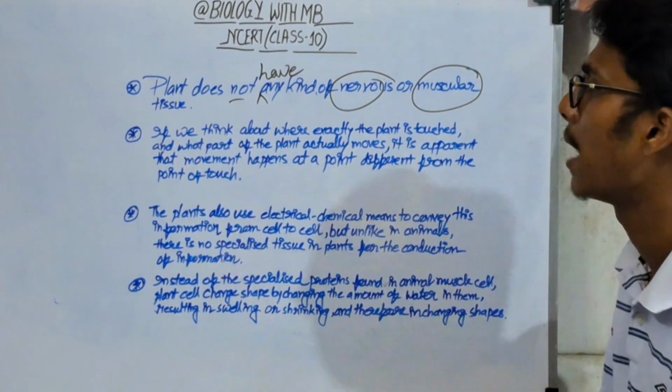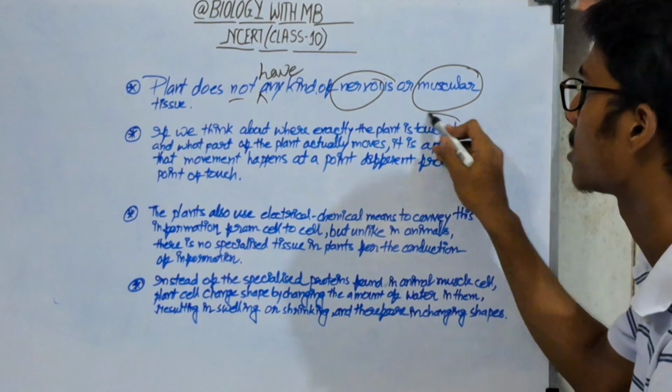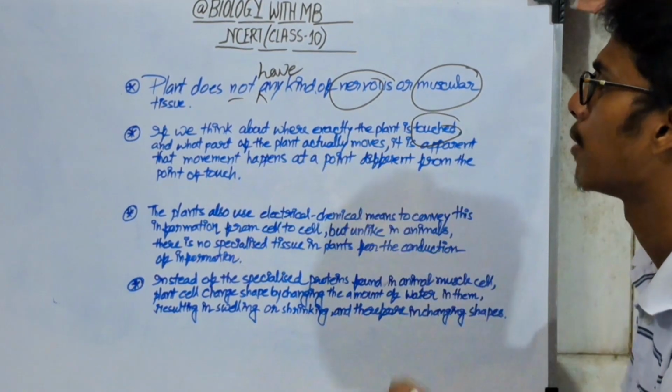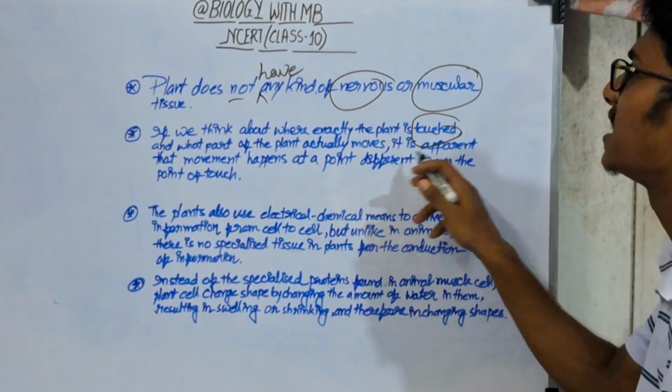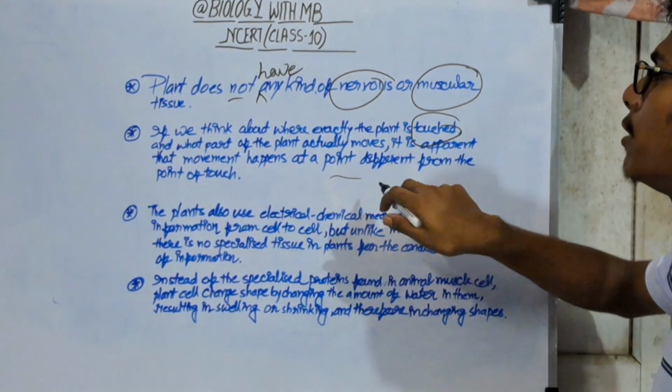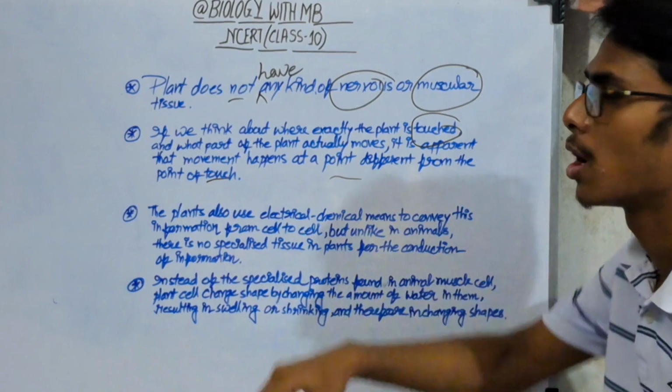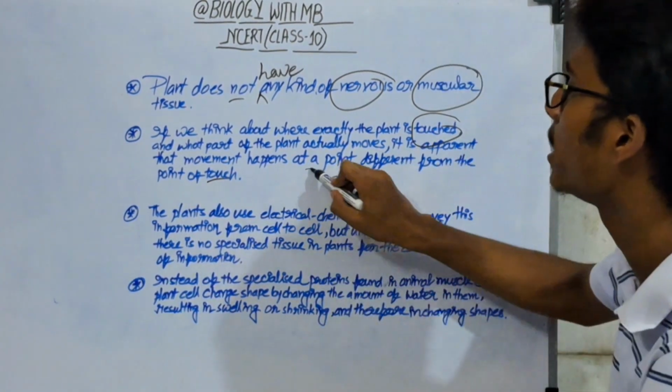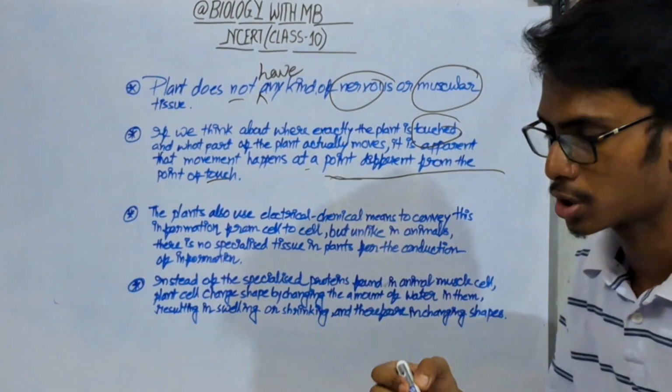If we think about where exactly the plant is touched and what part of the plant actually moves, it is apparent that movement happens at a point different from the point of touch.